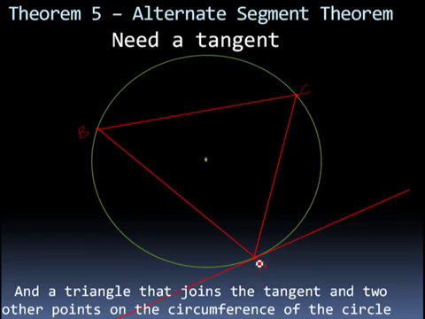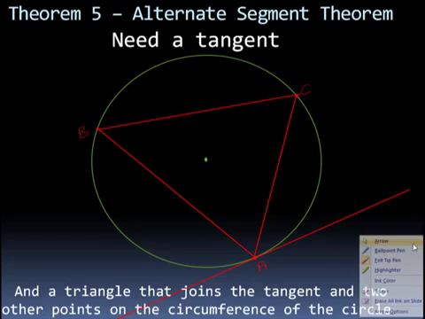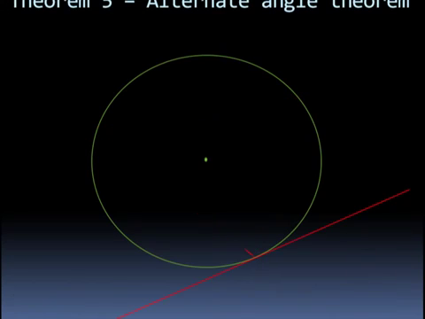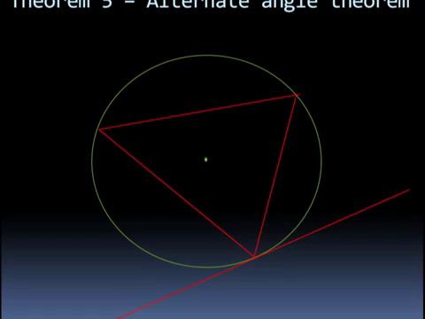So what is this theorem about? Well, let's move on to see what it's telling us. So this angle here, that is between the tangent and this side of the triangle, we call it a chord.